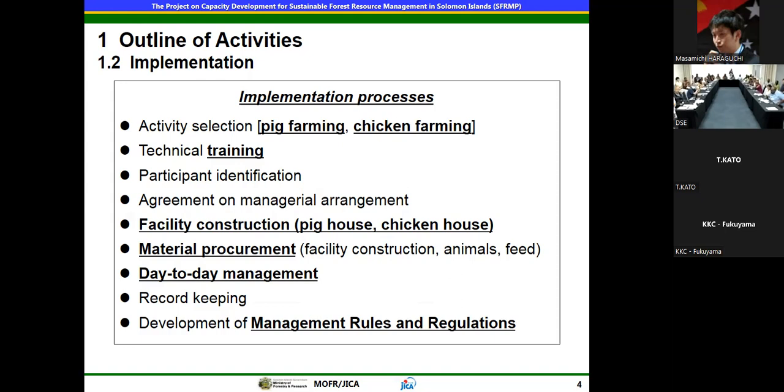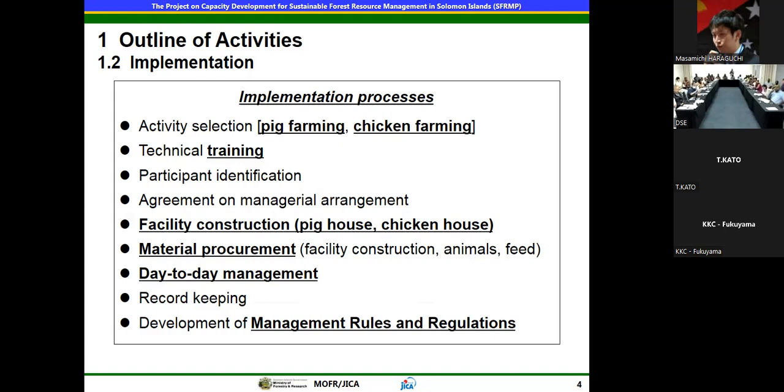One of the officers was engaged to do the training. After the training, the project identified those participants who were interested to initiate the activity, in this case, pig farming.